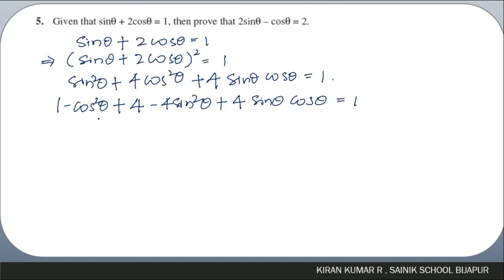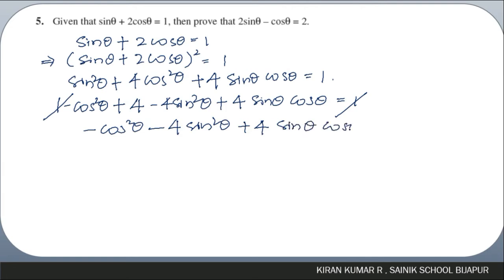Now you observe this 1 and the right side 1, they get cancelled. We will be getting minus cos square theta minus 4 times sin square theta plus 4 times sin theta cos theta equal to negative 4.